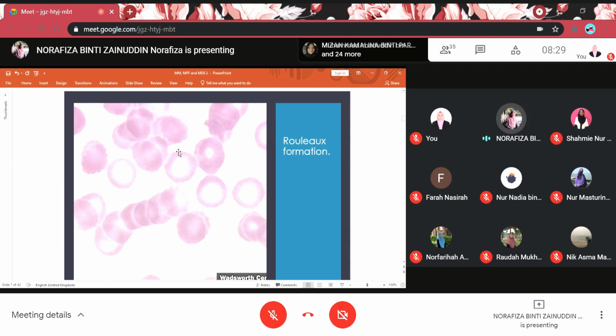This is due to either an artifact, a result of not preparing the blood smear soon enough after placing blood on the slide, or the presence of high concentrations of abnormal globulins or fibrinogen. So one has to be very careful in diagnosing this because it can be due to artifact. This formation is found in multiple myeloma and also macroglobulinemia.